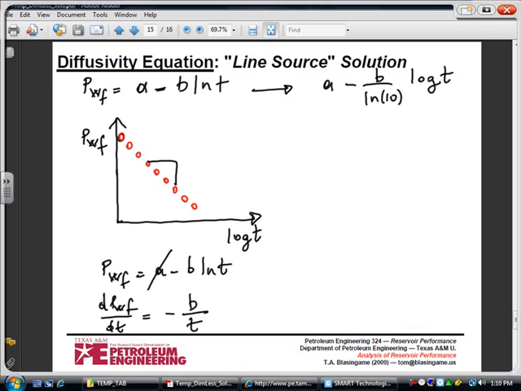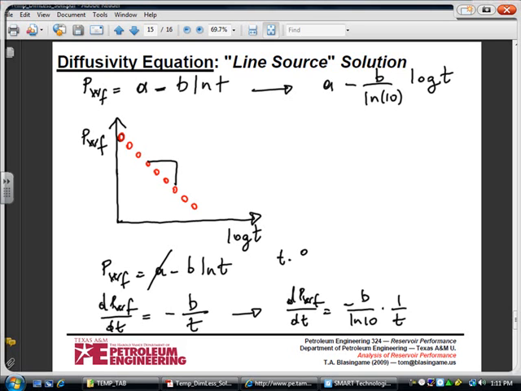Right? And what was the definition of our well-testing derivative?